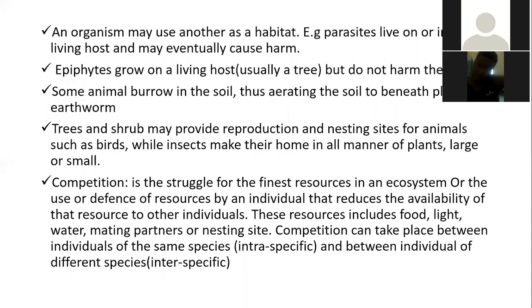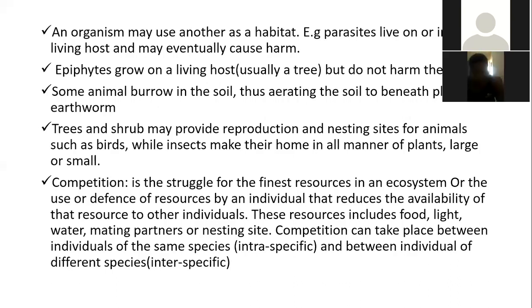The next one, trees and shrubs may provide reproduction and nesting sites for animals, such as birds, whilst insects make their home in all manner of plants, large or small. So these tall trees, short trees, provide the means where flying insects and birds can live and reproduce successfully.